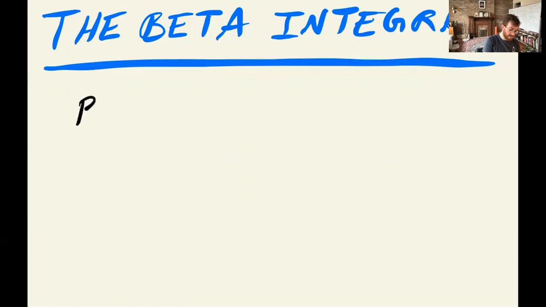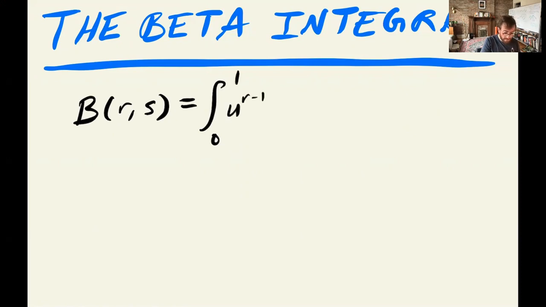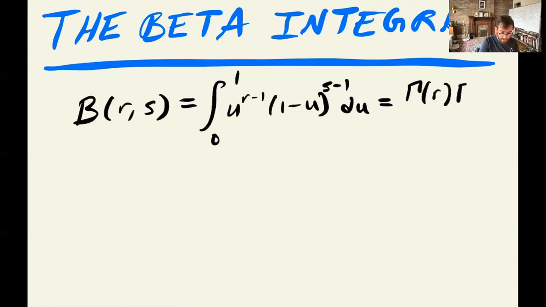So this is just a definition that you have to take on somewhat good faith, which is that the integral from 0 to 1 of u to the r minus 1, 1 minus u to the s minus 1 du is given by these gamma functions, gamma r, gamma s, over gamma r plus s.